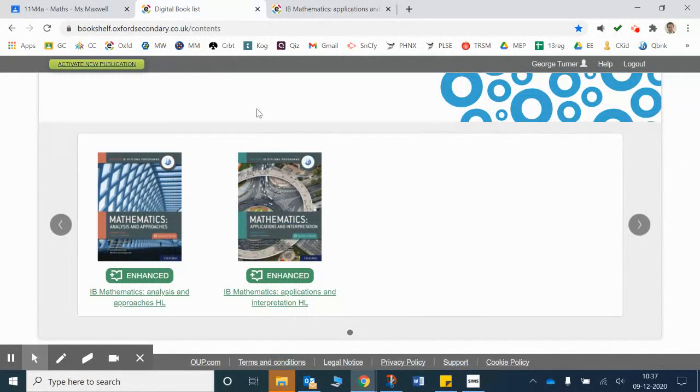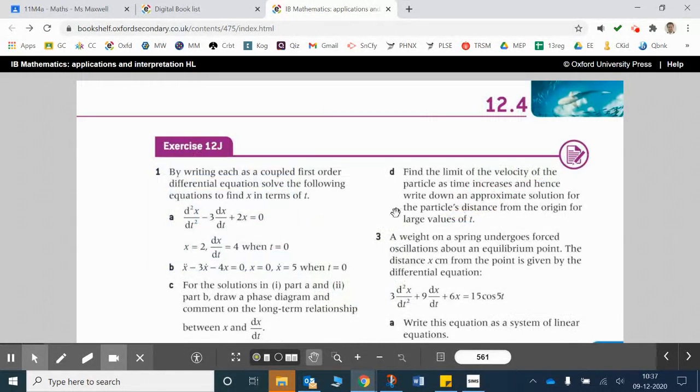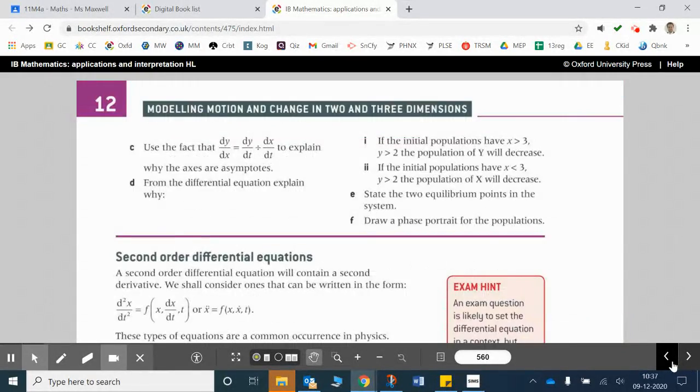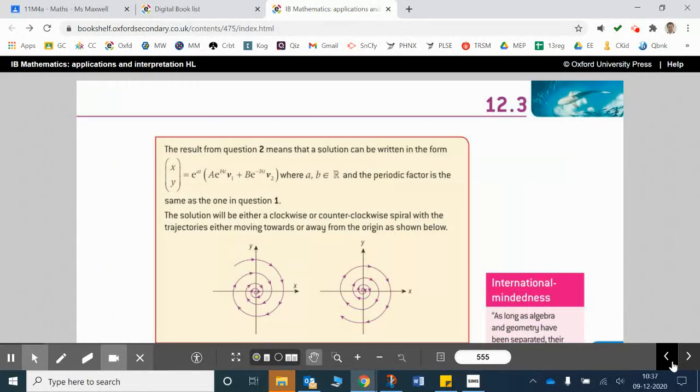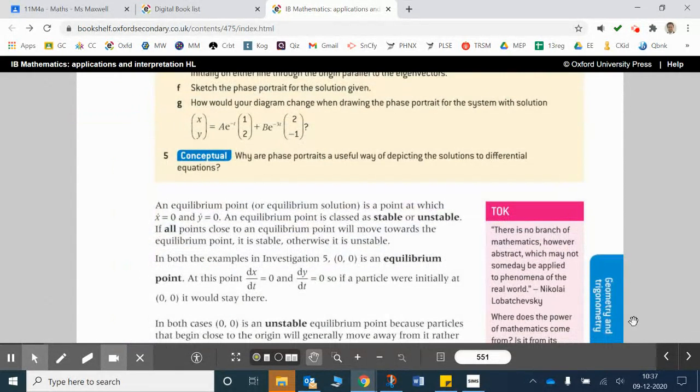So in other words, with this exercise, what's important to know is that they might be asking you to use Euler's method, or they might be asking you to use the exact method rather than finding approximate solutions. So the exact method, of course, let's just go back and show you this. Where was it? 2f. So we're getting solutions which are looking like this, basically.